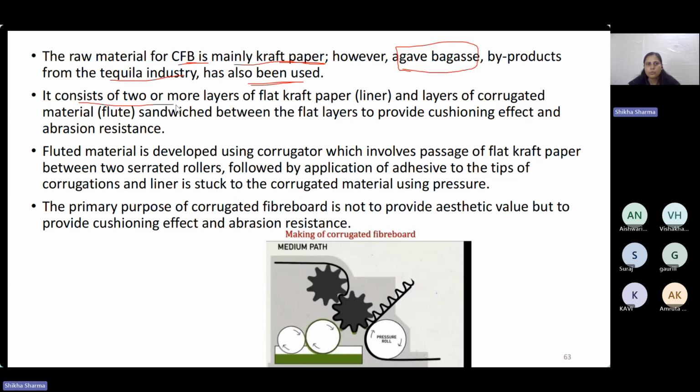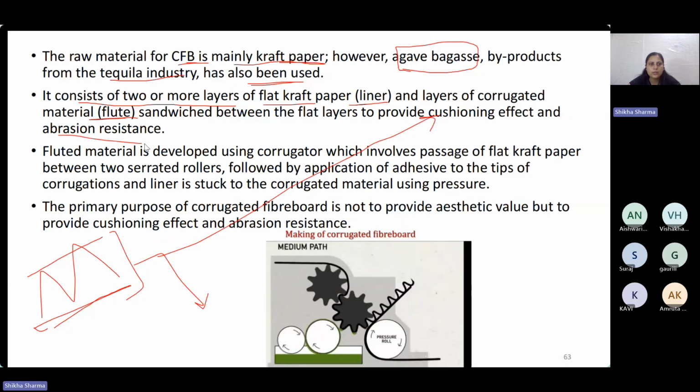It consists of 2 or more layers of the flat kraft paper, which is liner, and layers of corrugated material, which is flute. So this is the liner, and this is the flute, sandwiched between two flat layers, which is their structure, helping to provide cushioning effect and abrasion resistance.